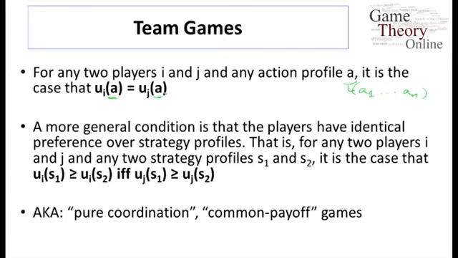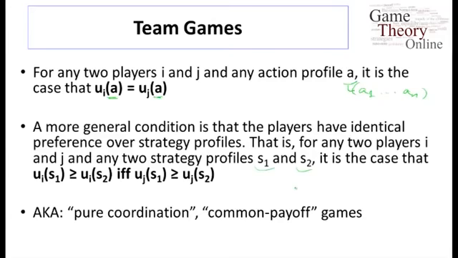A more general condition is that people have identical preferences over strategy profiles. We'll talk about that a little later when we talk about mixed strategies and so forth. But effectively, the definition extends directly when one allows for mixtures and other richer kinds of games in terms of timing. And effectively, these are also known as pure coordination games, common payoff games, team games.